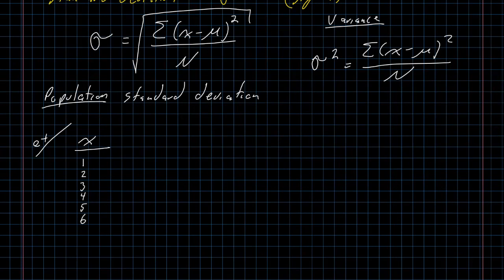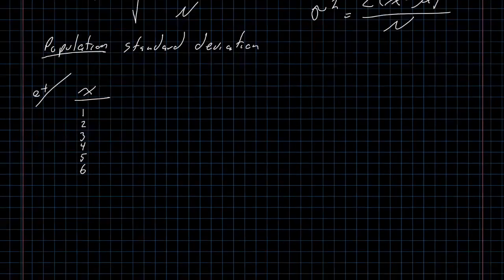There are 6 scores in this distribution: 1, 2, 3, 4, 5, and 6. These are the possible results that you can get when you roll a single 6-sided die. Not a very interesting population, but it is a population. It is every possible score for rolling one 6-sided die.